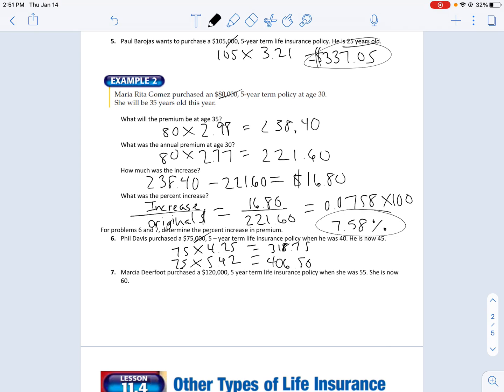That's an increase of $87.75, which is a percentage increase of 27.53%.